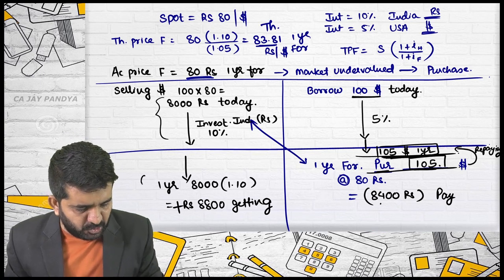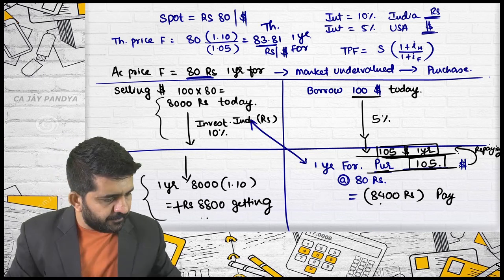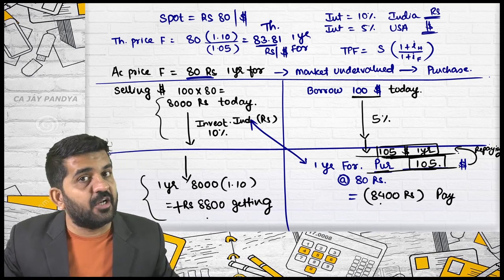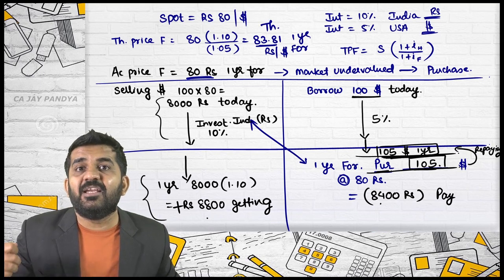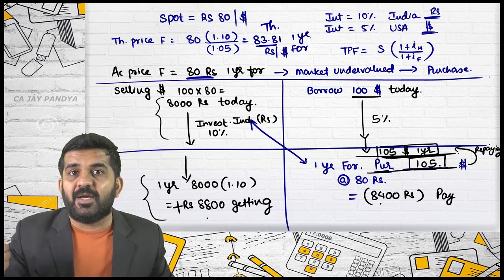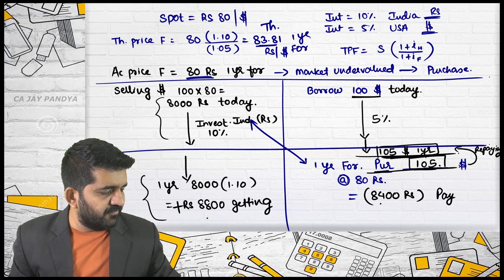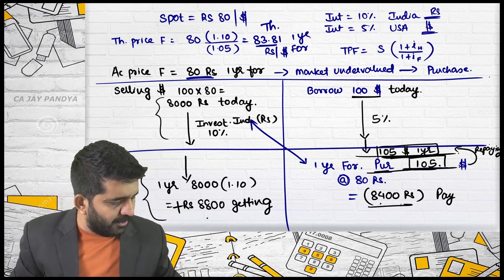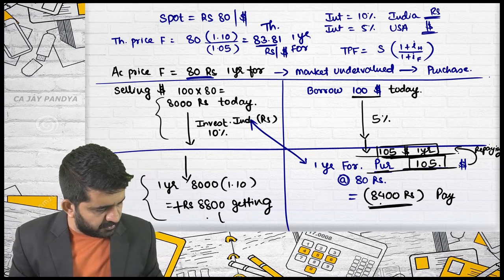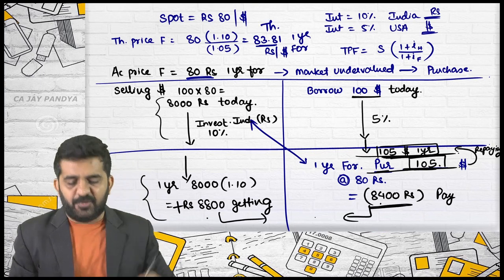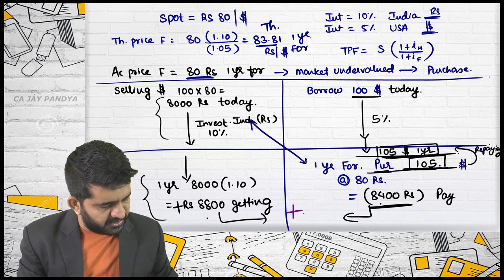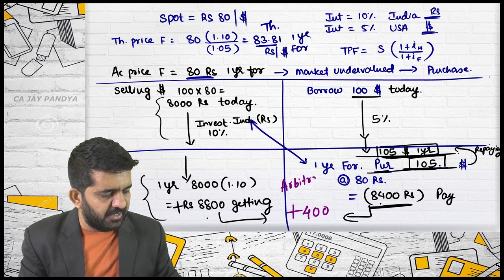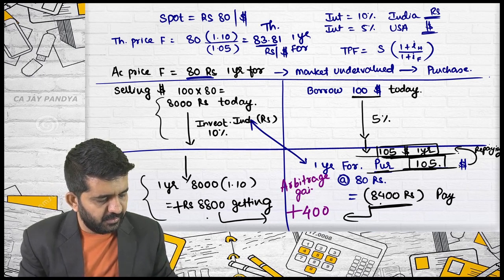I need to repay $105 after 1 year, which I will repay from the forward contract by delivery, where I am going to get $105. But to purchase this $105, I'll have to pay 8,400 rupees. The difference is positive 400 rupees. This is nothing but arbitrage gain.